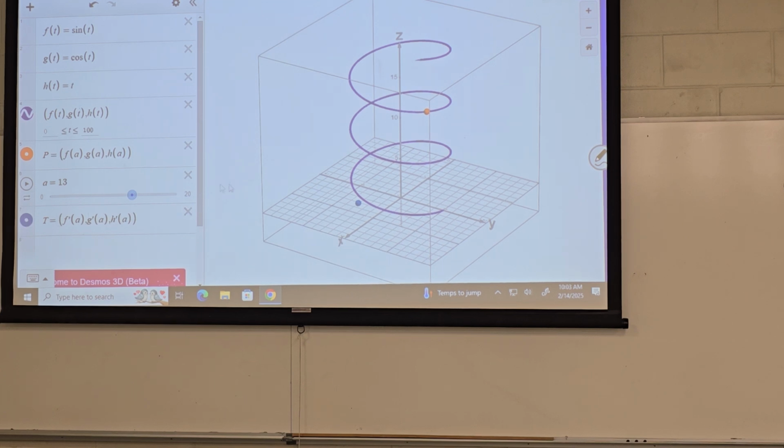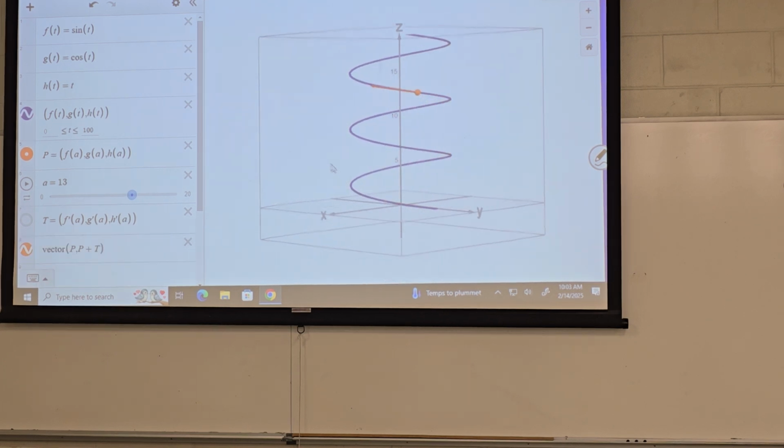We don't want to see that vector by itself, so just turn it off. And now, to get the tangent vector, you want the vector starting at point P and ending at P plus the tangent vector. Boom, you got a tangent vector.